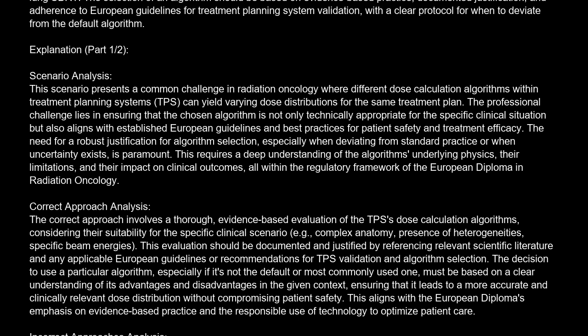The decision to use a particular algorithm, especially if it's not the default or most commonly used one, must be based on a clear understanding of its advantages and disadvantages in the given context, ensuring that it leads to a more accurate and clinically relevant dose distribution without compromising patient safety. This aligns with the European Diploma's emphasis on evidence-based practice and the responsible use of technology to optimize patient care.